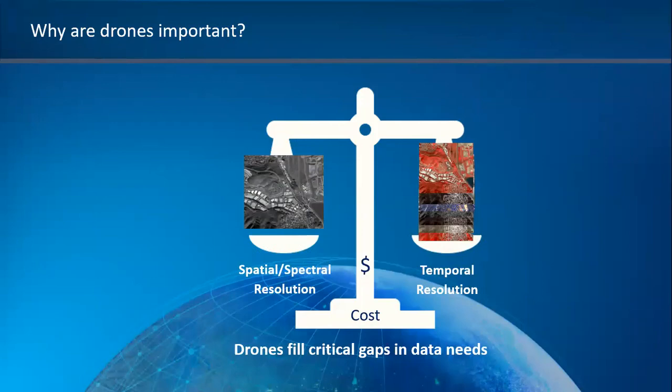Let's say, for example, you want to do some spatial analysis, so you can utilize the drone to collect data, and this drone is much more cost effective as compared to using satellite imagery. Also, you can get data quickly as compared to satellite imagery. You can also do more temporal analysis from the temporal resolution.